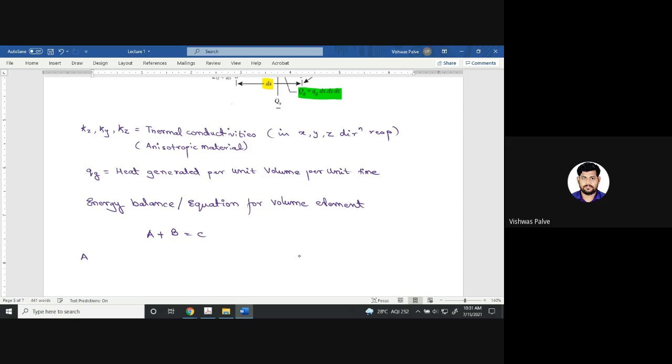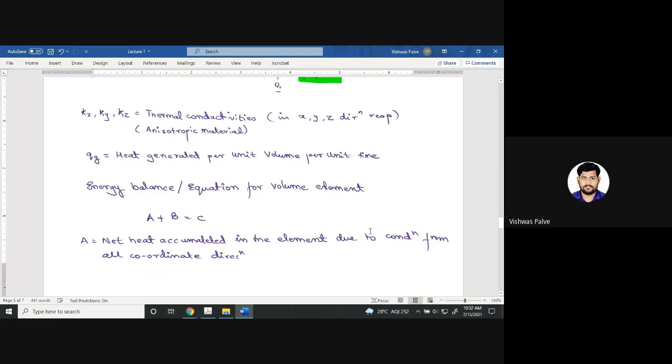So in that A is equal to net heat accumulated in the element due to conduction from all direction, or you can say all coordinate and direction.